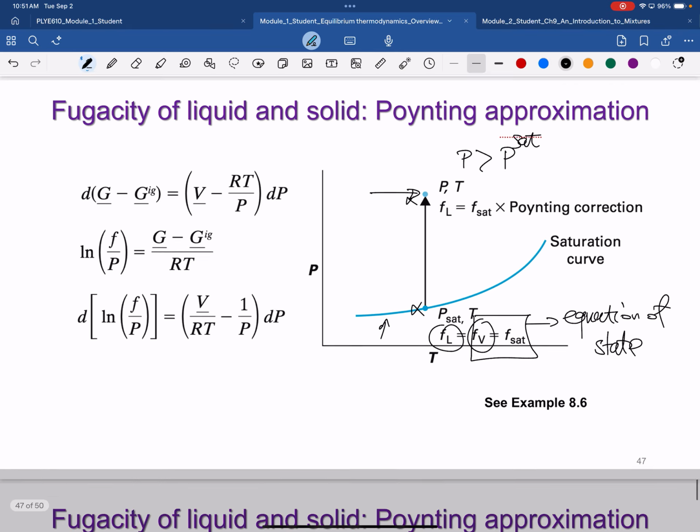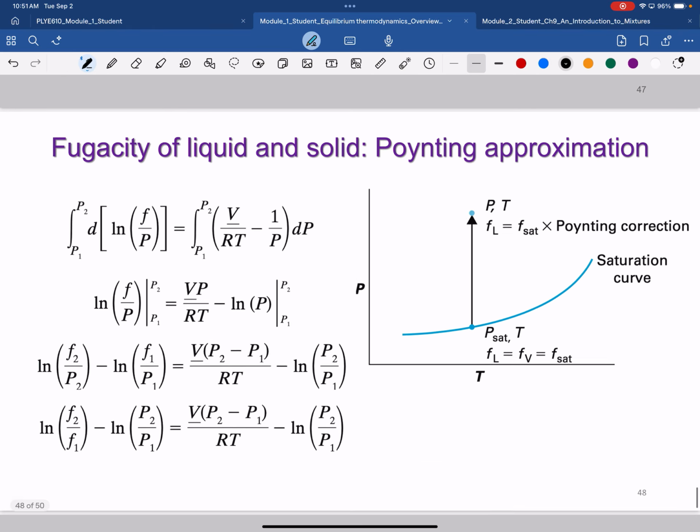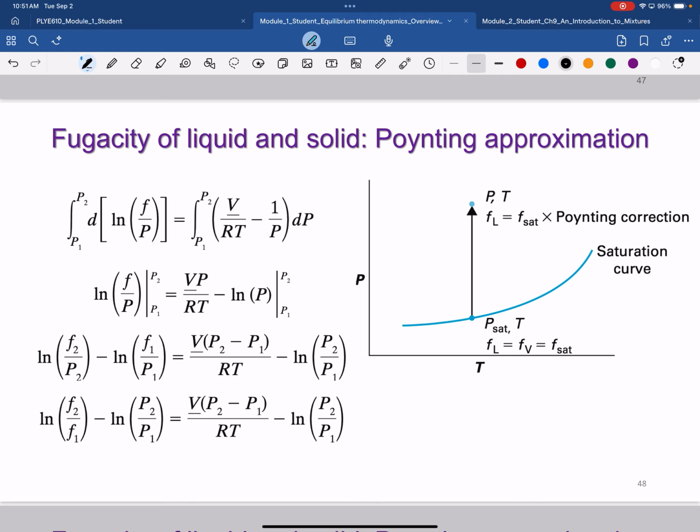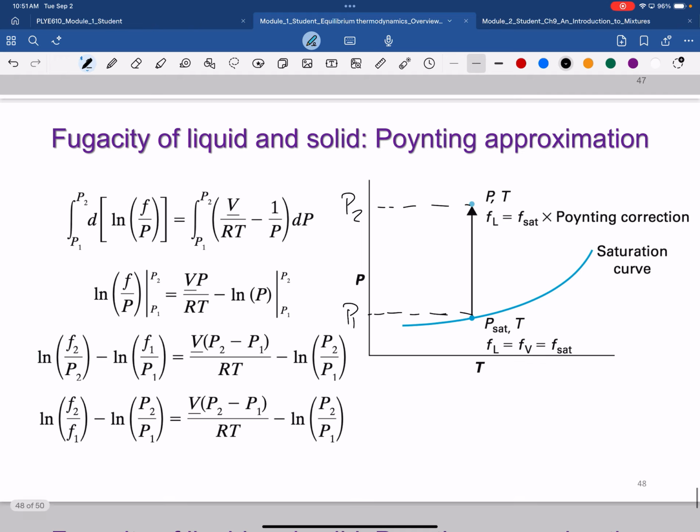If we replace that through the integration from p1 to p2, let's call this state point 1 going to state point 2, you have a relationship that shows the Gibbs free energy change going from 1 to 2, and you can estimate point 1 using your saturation temperature and pressure.